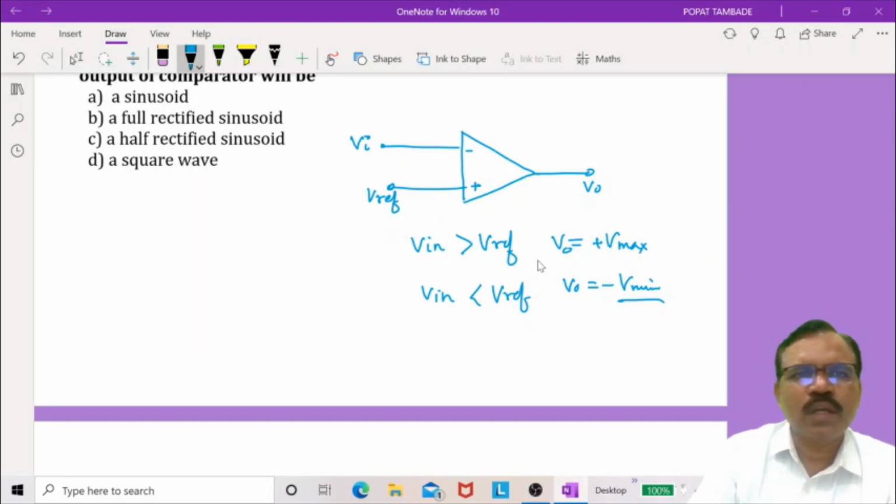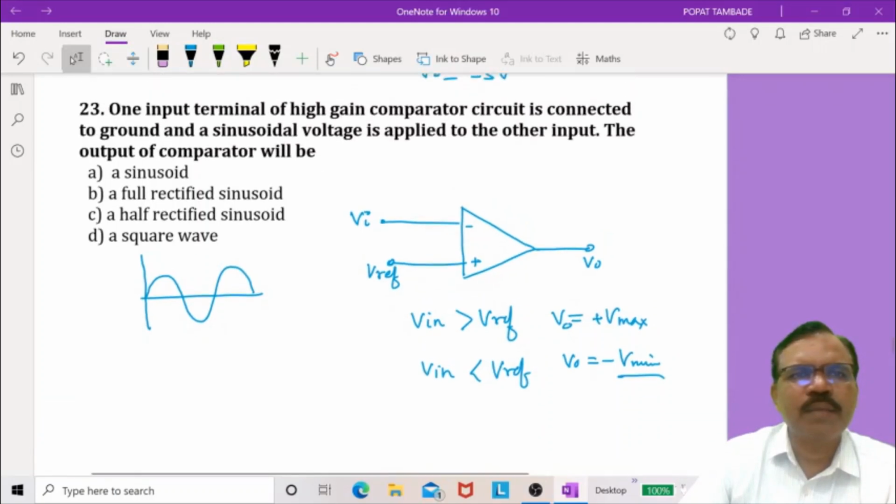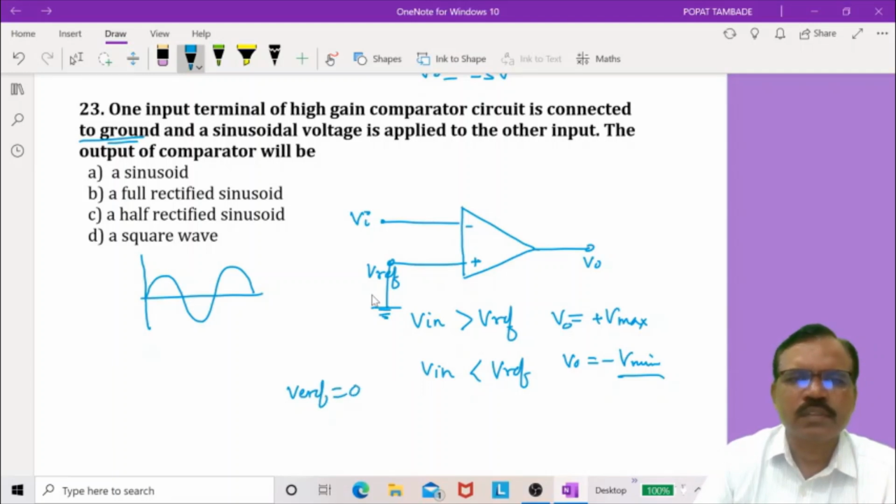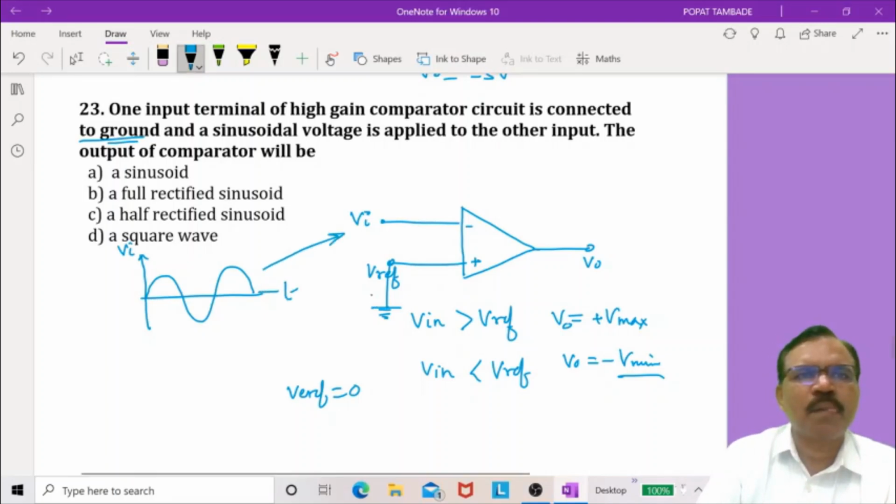Now here we have the input as a sine wave, and one input terminal of the high gain comparator circuit is connected to ground. This one is connected to ground, so V reference is equal to 0. Now the input is given here. So what happens?